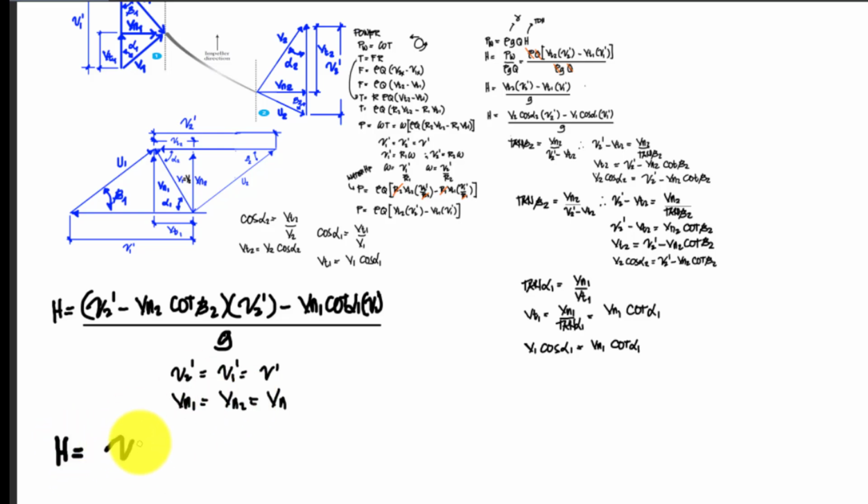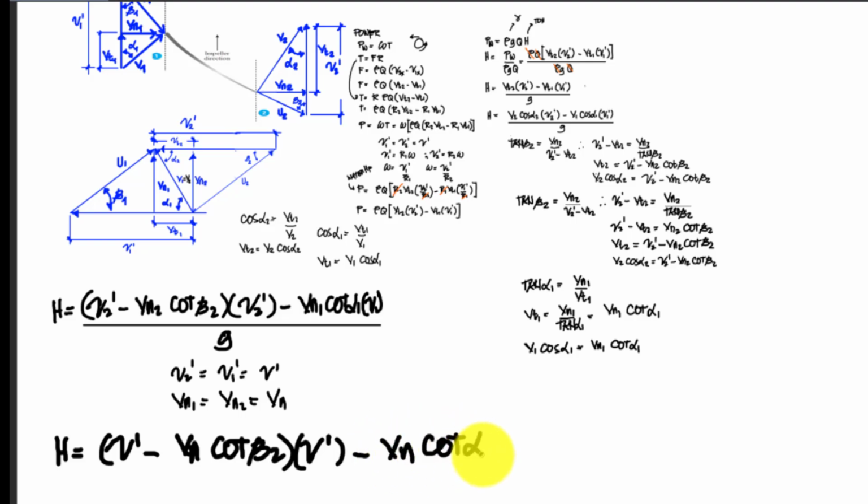So I can now rewrite our equation as the head. So this will be the velocity minus my normal velocity times my cotangent of beta 2, and this is multiplied by the velocity of the vane minus my normal velocity times my cotangent of alpha 1 times the velocity of the vane, and this is divided by the gravity.